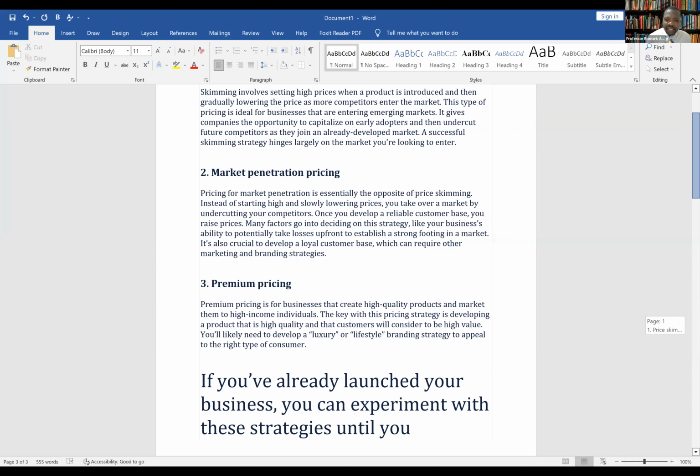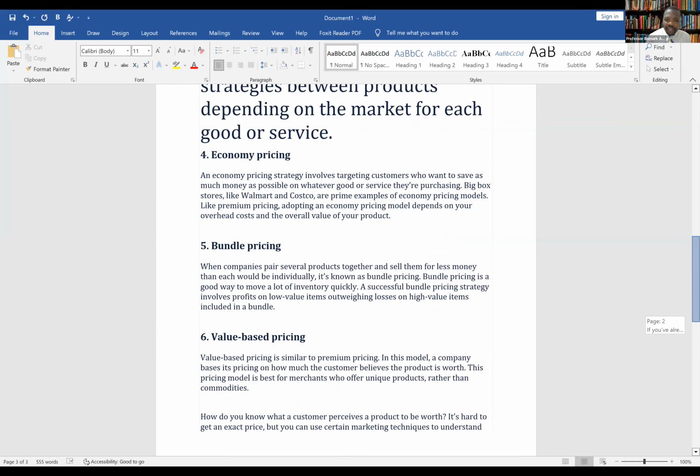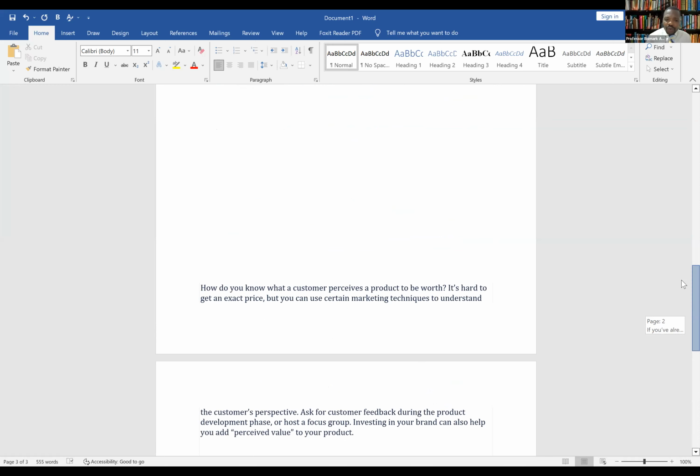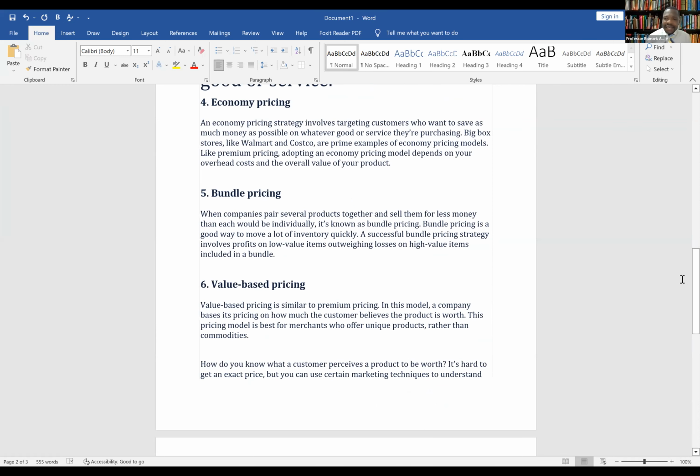Now, based on the questions that I was receiving, let us take some time to break down some of the key pricing strategies that we will be familiar with. So let's say, for example, bundling.